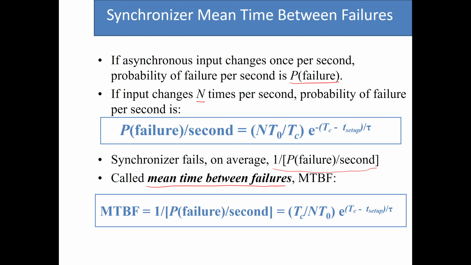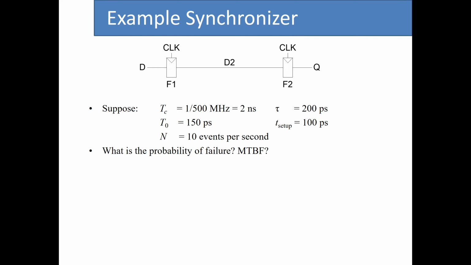So let's take a look at one example, so everything that I discussed makes more sense. Let's assume we have this synchronizer. Again, we have the asynchronous data input that goes through the first flip-flop.